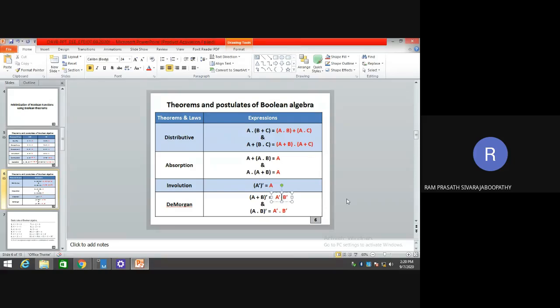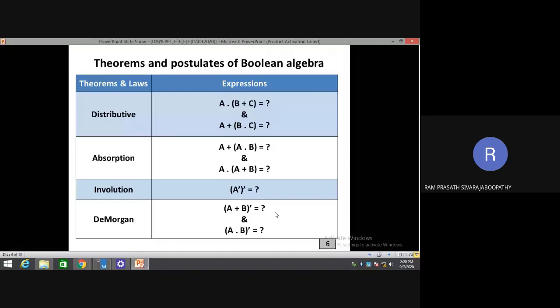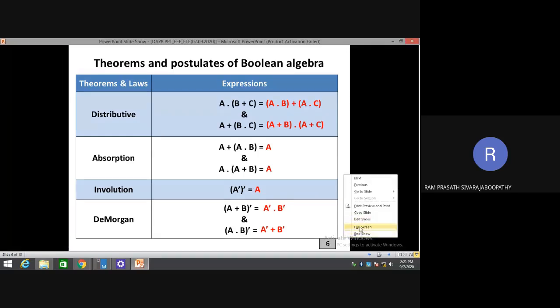Kindly change it. A plus B whole bar equal to A bar dot B bar. Similarly, A dot B whole bar is equal to A bar plus B bar. Change only this. Now it is okay.